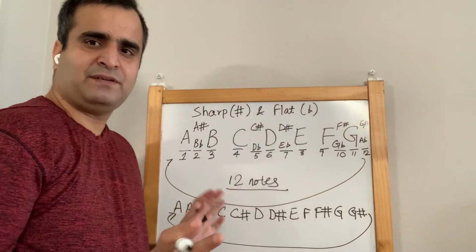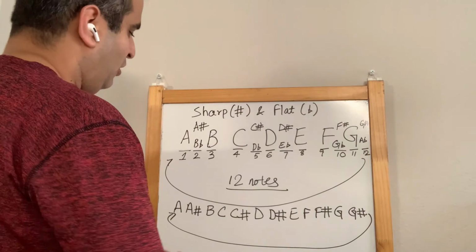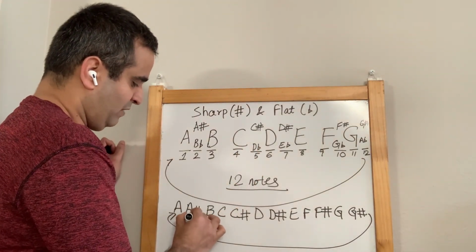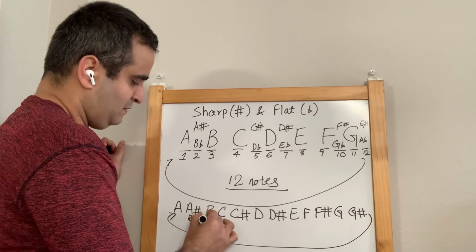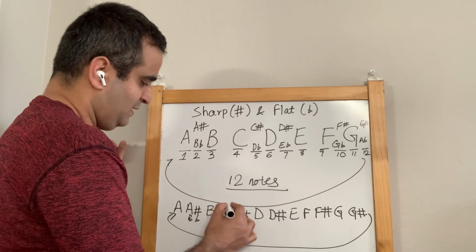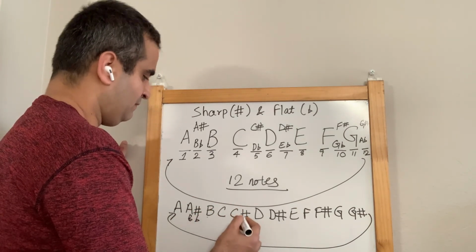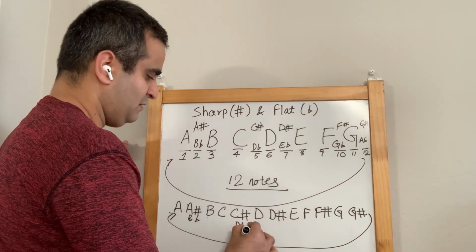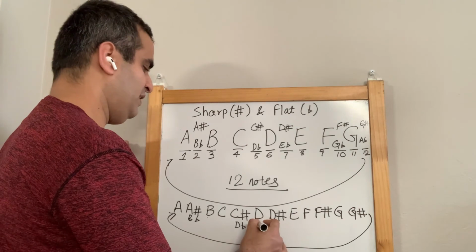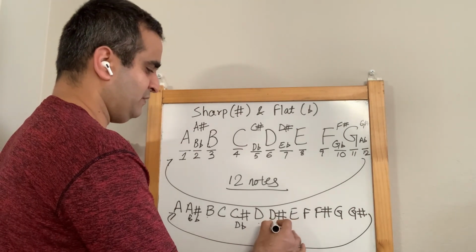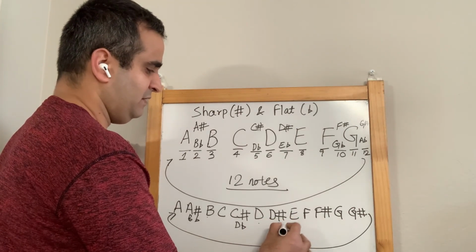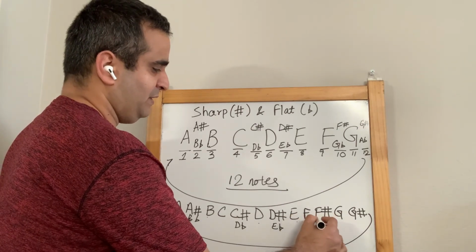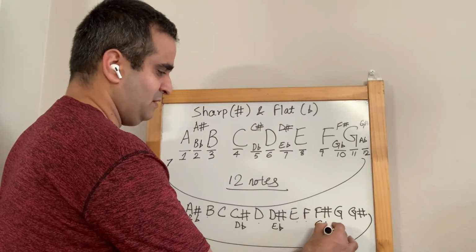Makes sense, right? Or we could also represent this as A, B flat, B, C, and C sharp can be written as D flat. Then we have D. D sharp can be represented as E flat. Then we have E, F. F sharp can be written as G flat.